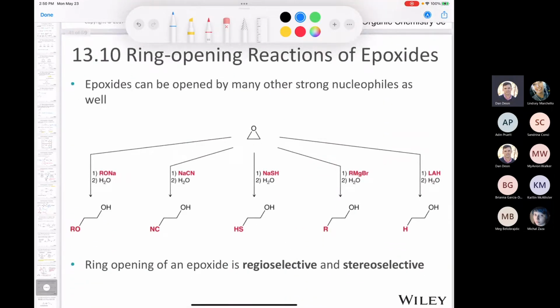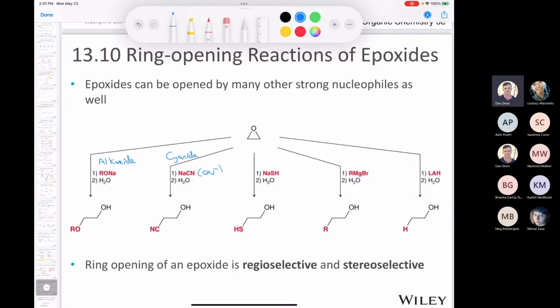What are some compounds or some ions that we could use to open up an epoxide? We can use an alkoxide. We can use a cyanide, and cyanide is CN minus. You can use a hydrosulfide.